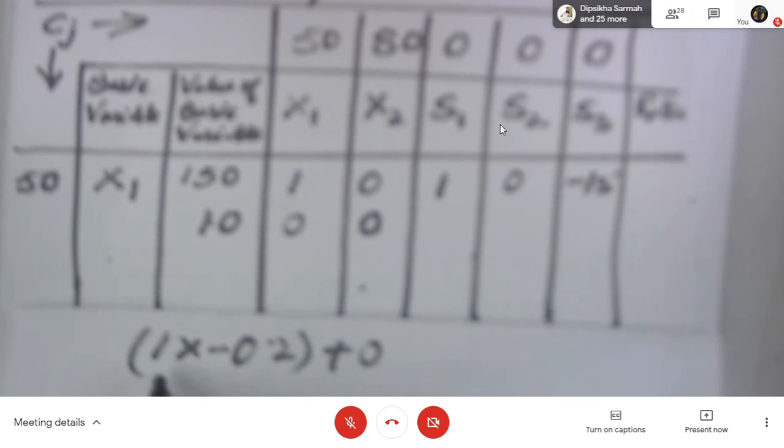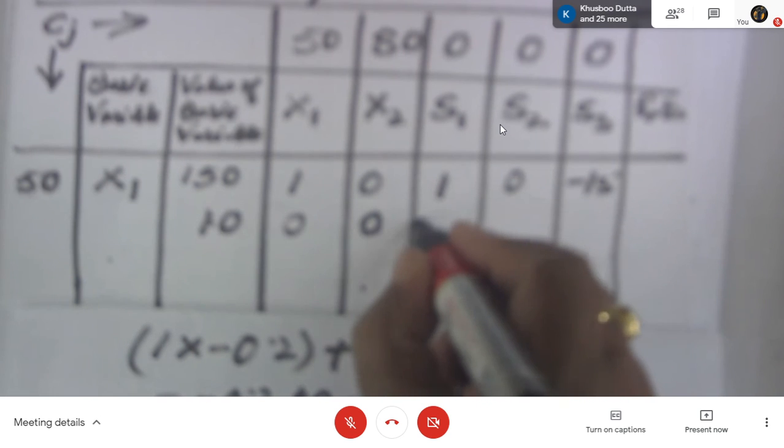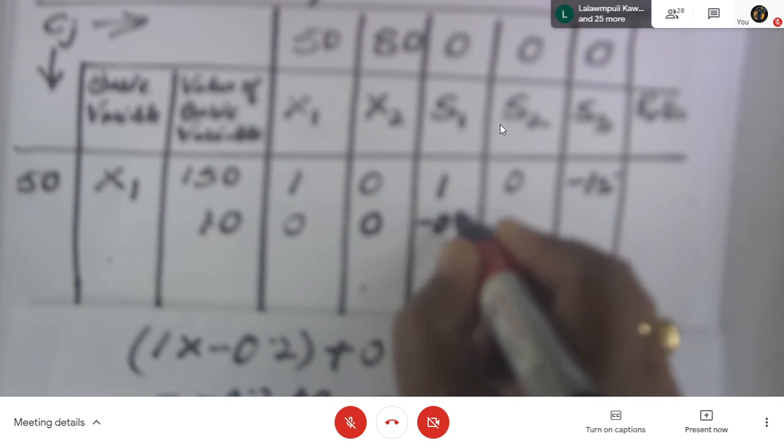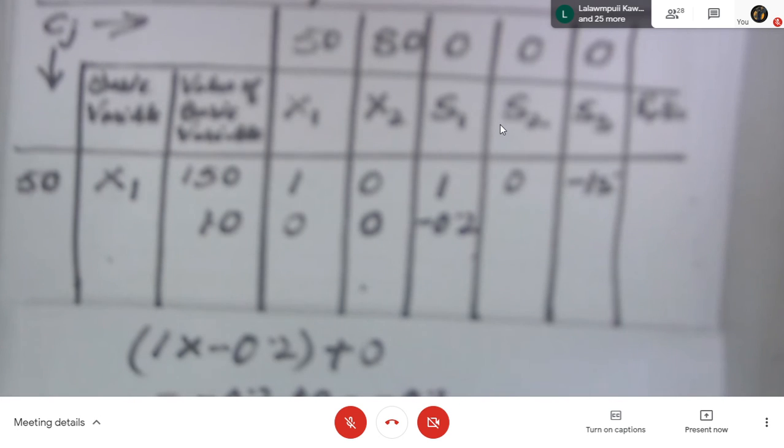So how much I get? 1 into minus 0.2 plus 0 is nothing but minus 0.2. So what I'll get out here is minus 0.2. Okay. Am I getting it right? 1 into minus 0.2 plus the value of S1, minus 0.2. Yeah, okay.